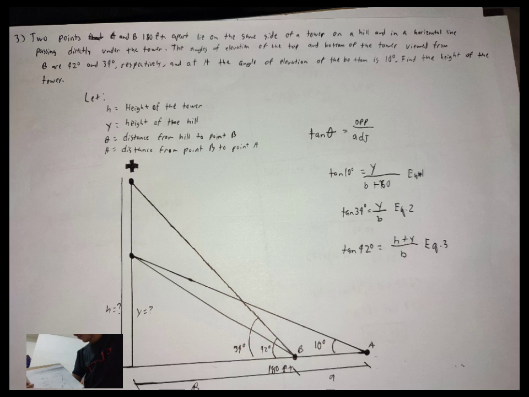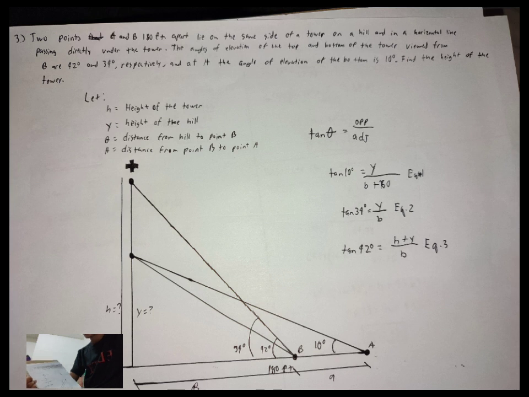So let H stand for the height of the tower, Y stand for the height of the hill, B stand for the distance from the hill to point B, and 180 is the distance from point B to point A. So here's the graph again. First, tangent theta is equal to opposite over adjacent.